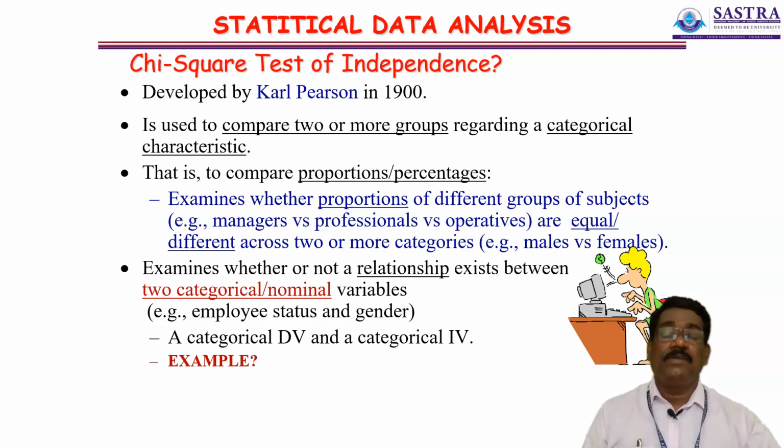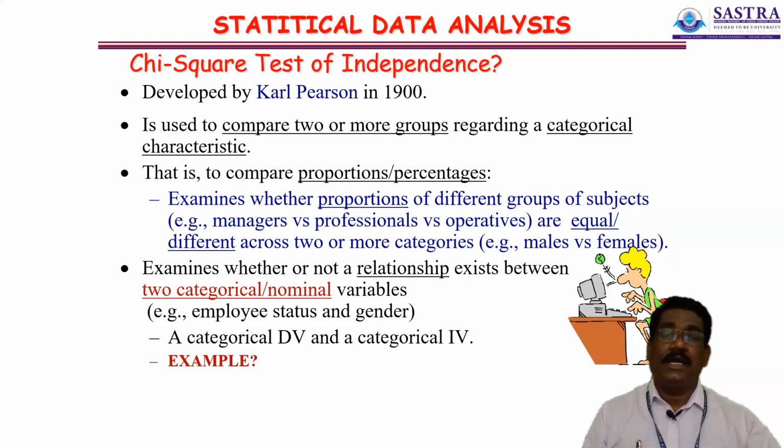Moving further, let me demonstrate this chi-square analysis with the help of SPSS, a statistical package for social science. As a manager, you are supposed to apply this significance test, the chi-square test of independence, in your work situation. There is a certain logic.